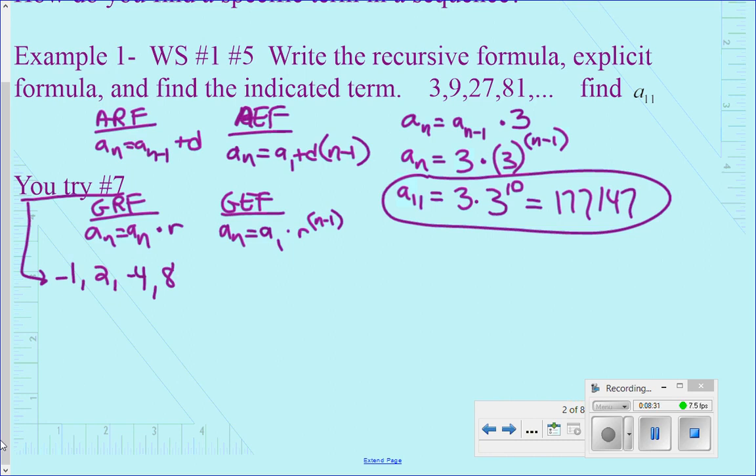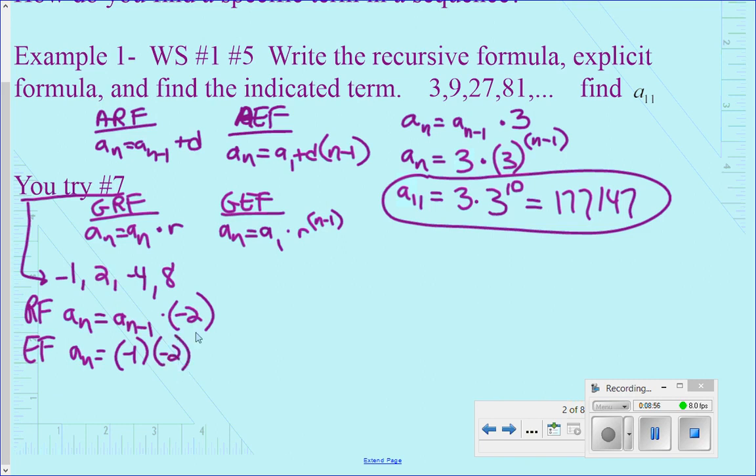So if I'm writing the recursive, a sub n equals a sub n minus 1 times the r value, which is -2. And the explicit, a sub n equals a sub 1, which is -1, times r, which is -2, raised to the n minus 1 power.